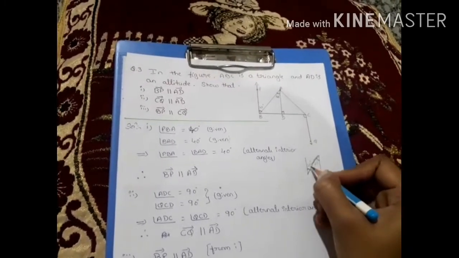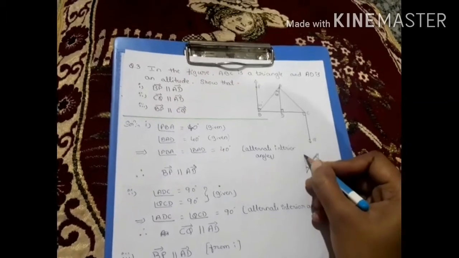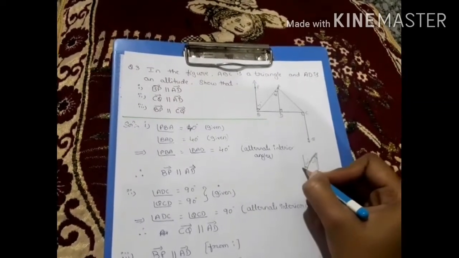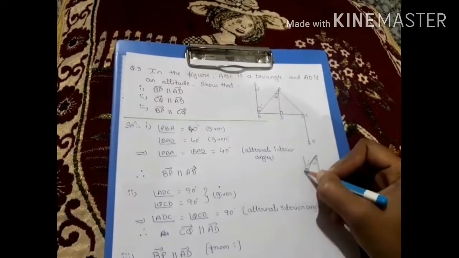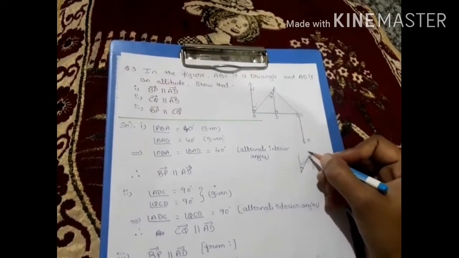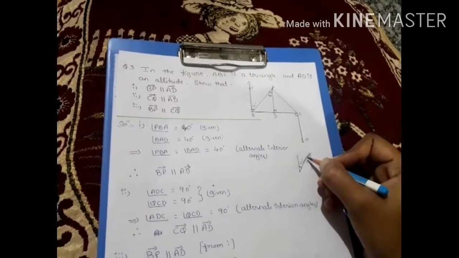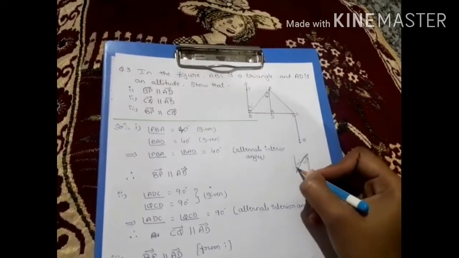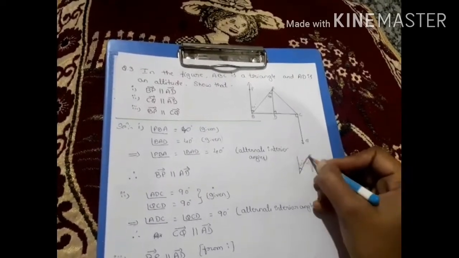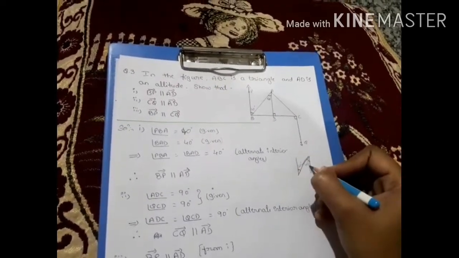When alternate interior angles are equal, then the two lines are parallel to each other, and this line acts as a transversal. We studied this while solving worksheet 1. They say that when the alternate interior angles are equal, the two given lines are parallel to each other.